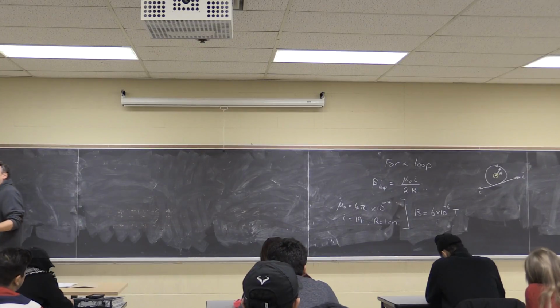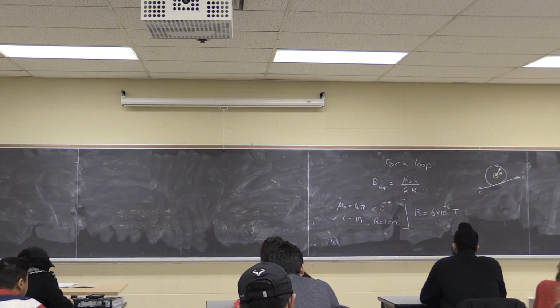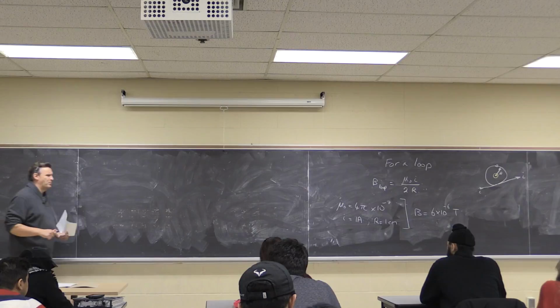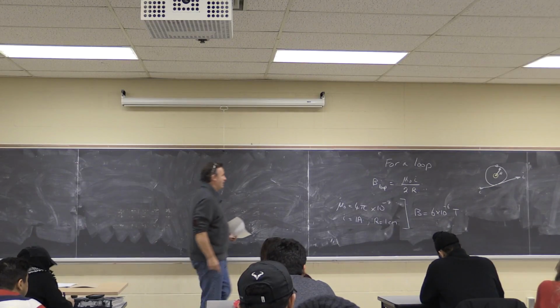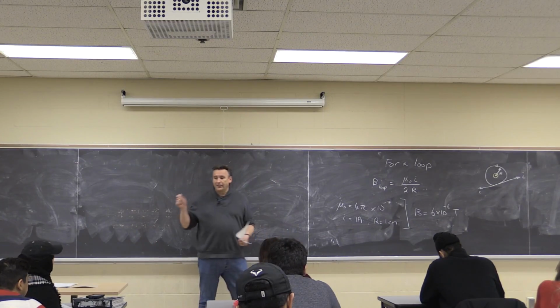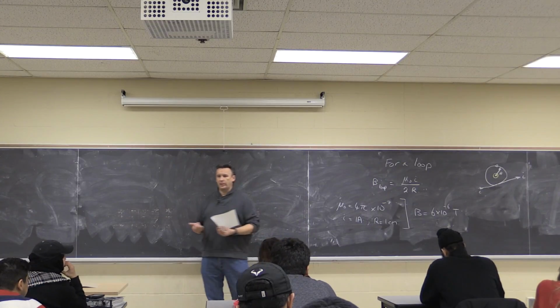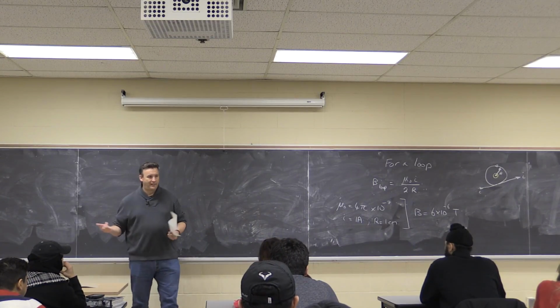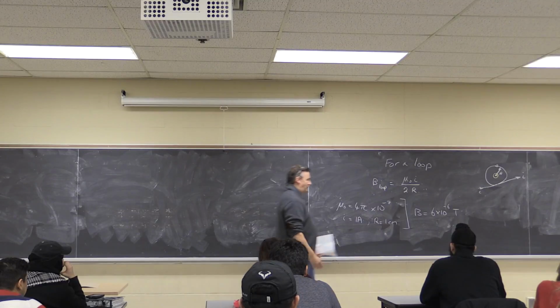So, is that a big magnetic field or a small magnetic field? It's a small number. Clearly it's 10 to the minus 6. But we always like to do things relatively. So the magnetic field due to the Earth is, well, it's more than this actually.